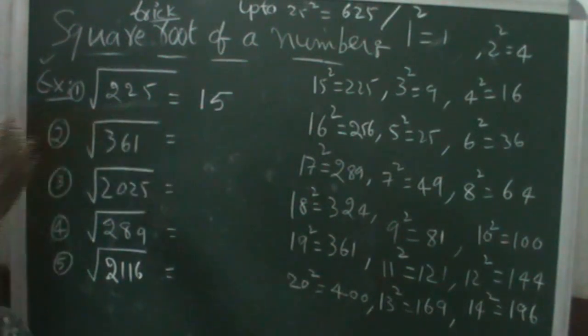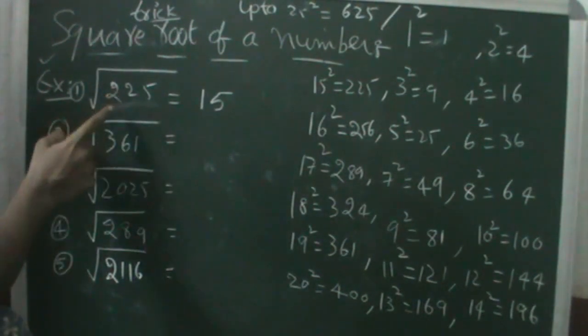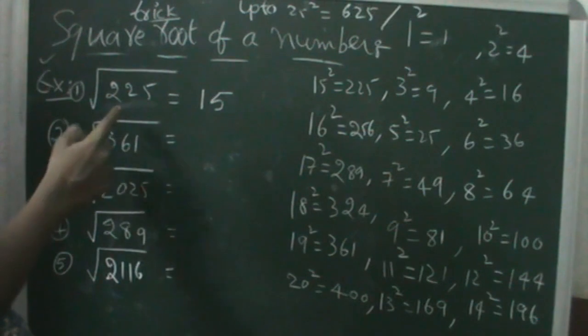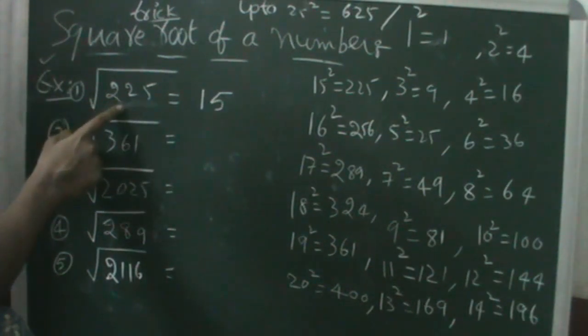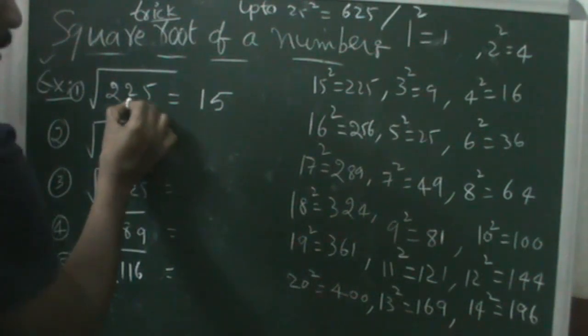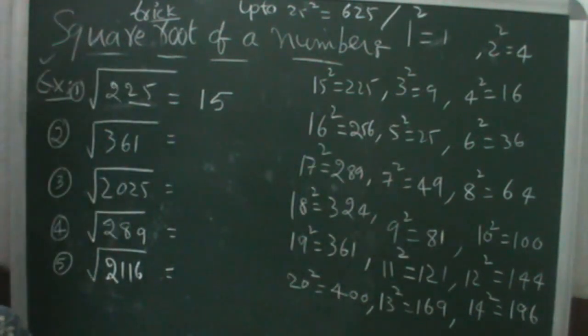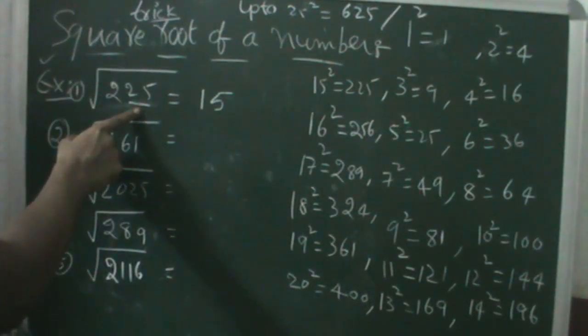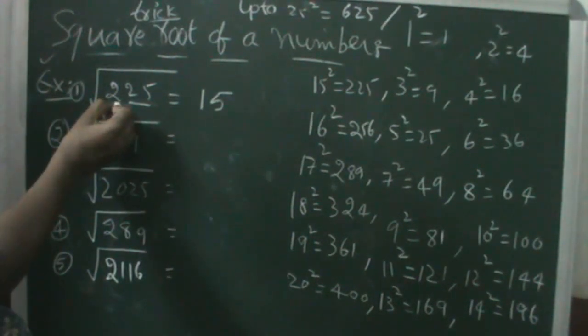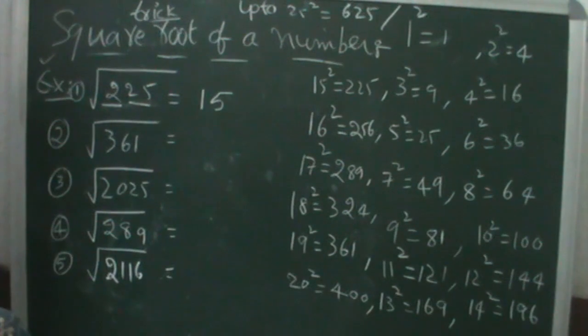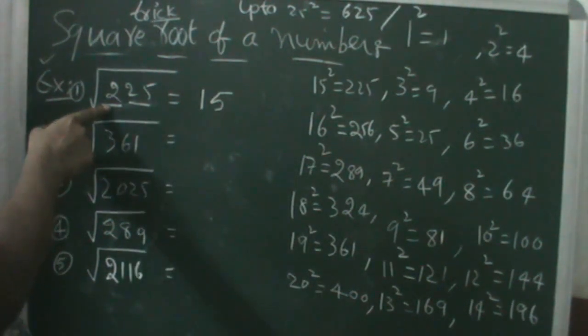So once again I am going to repeat this. To find the square root of a particular number, separate that number into two parts. The first part is the right side 2 digits, and the second part is the remaining left side digits. Take the second part and find its square root.